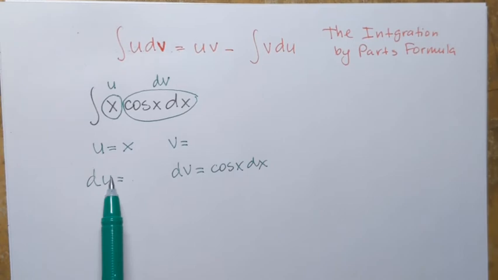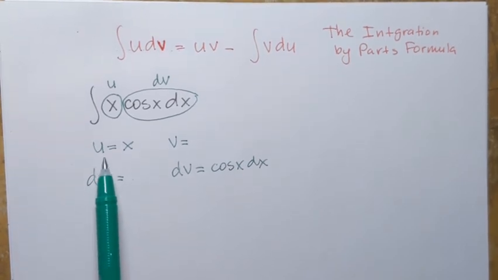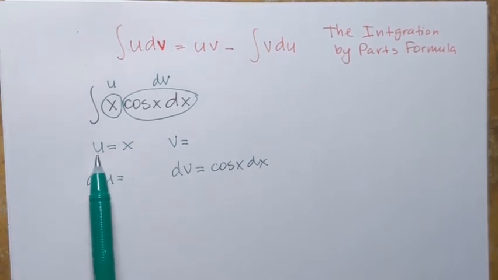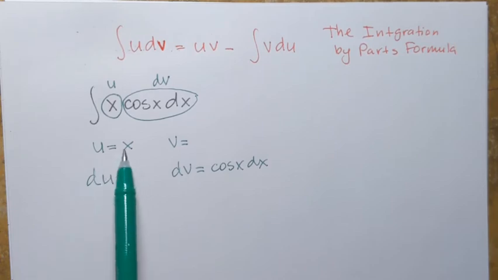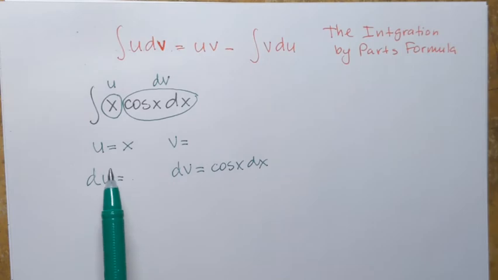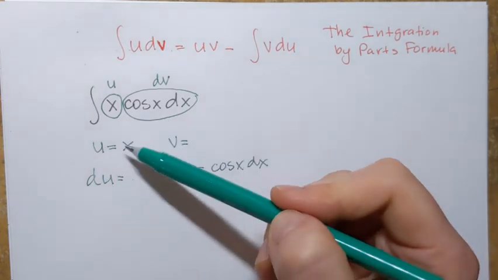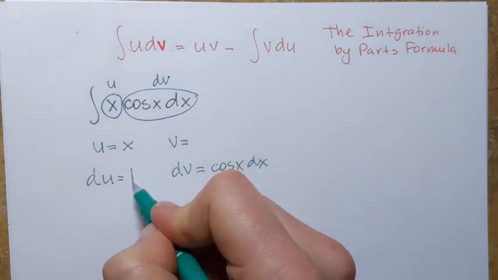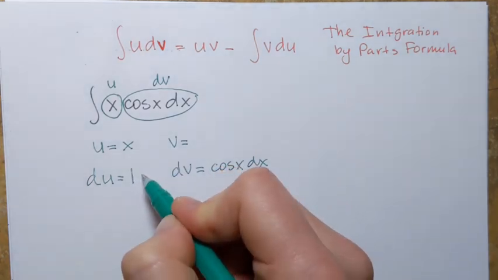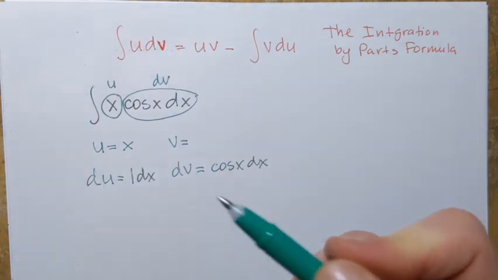Let's first work on u, or du. If we know u, how do we find the differential du? We practice the same idea as when we apply the substitution rule to find the differential du. We just have to find the derivative of the right-hand side and write that with dx. So the derivative of x is 1, and then dx.